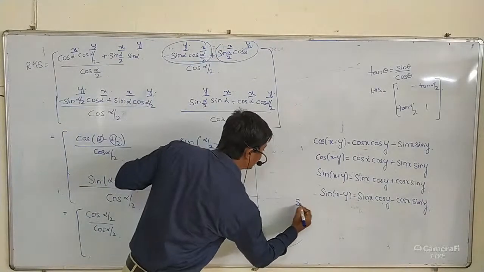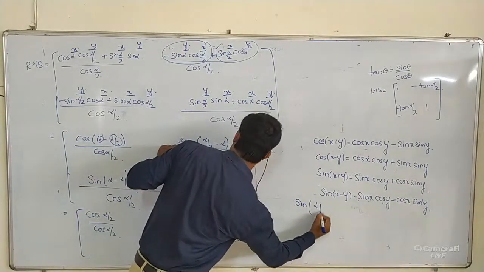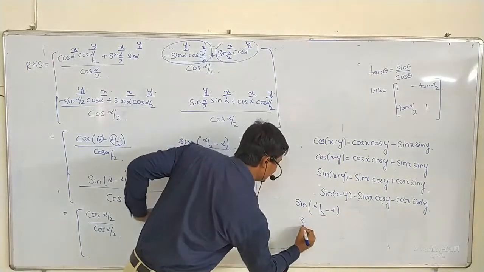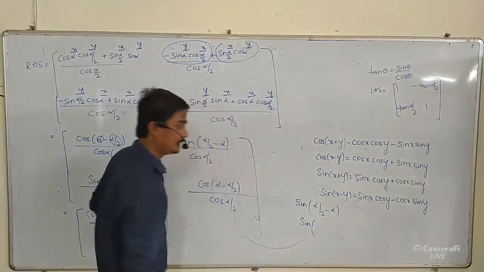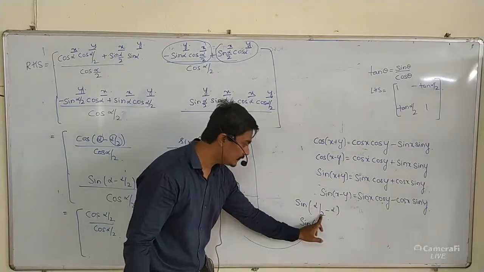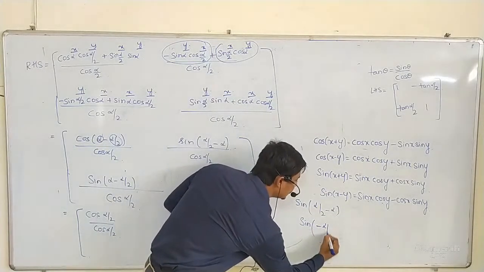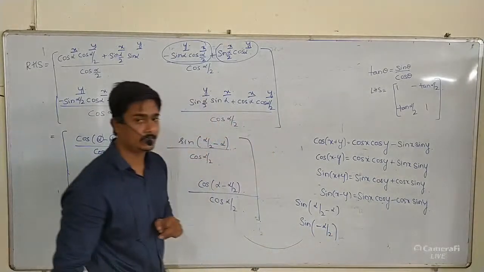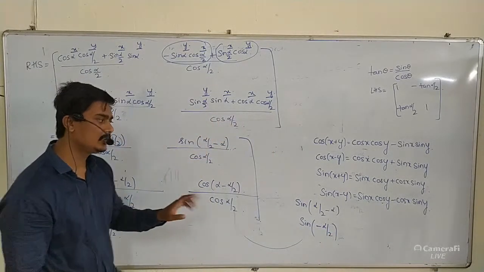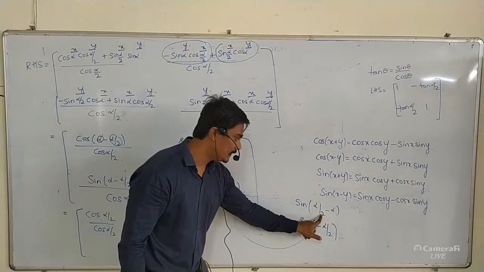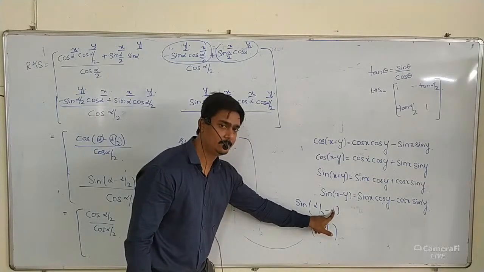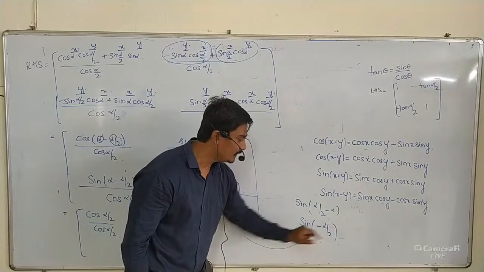I will take this term separately. What is alpha by 2 minus alpha? This is half alpha minus 1 alpha. So we get minus alpha by 2. Is that clear? Half alpha minus alpha, so that becomes minus alpha by 2.